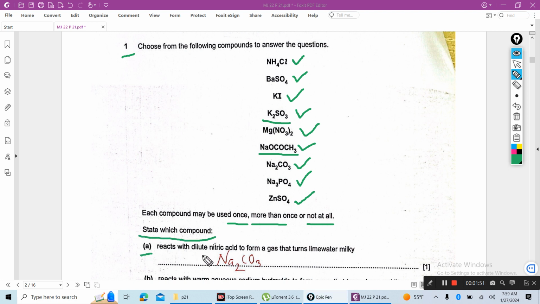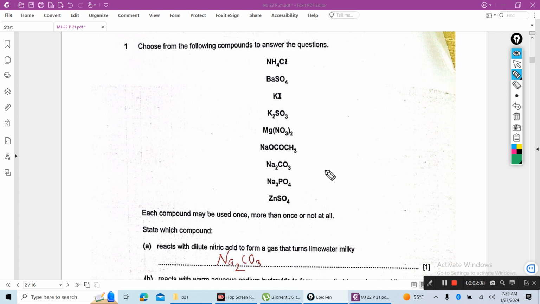A reacts with dilute nitric acid to form a gas that turns lime water milky. You know, carbon dioxide gas turns lime water milky. So sodium carbonate, if you add nitric acid, salt plus carbon dioxide plus water is formed.